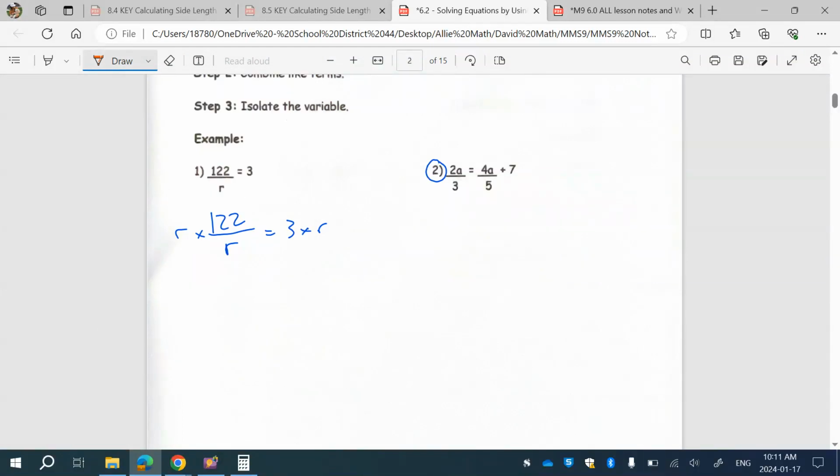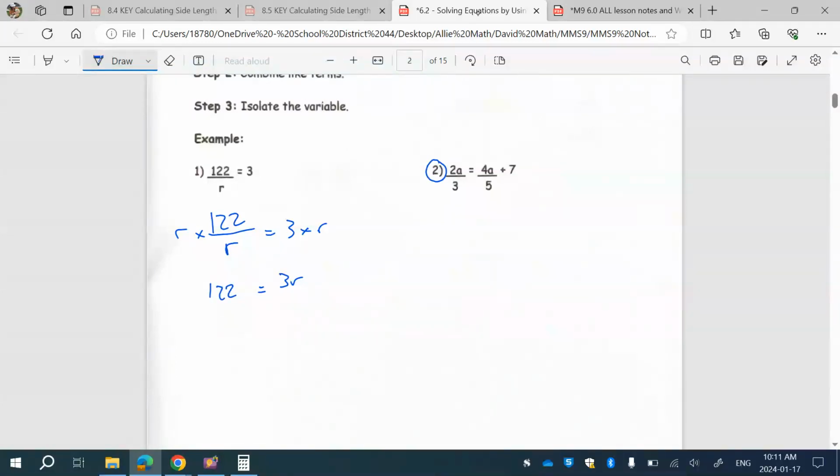Remember, if we had say 122r over r, we can remember from our last polynomial chapter that these would cancel each other out. They become a 1. And that's going to equal 3r. So we've got 122 equals 3r.